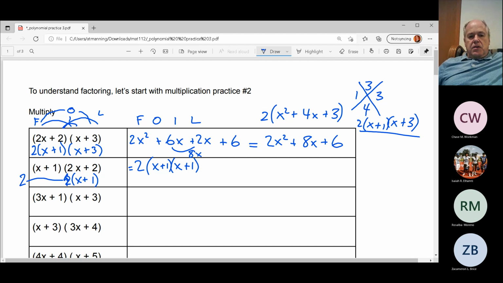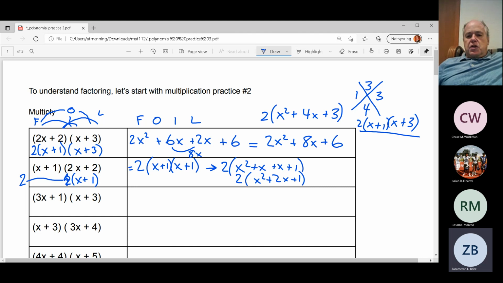And I see that I have 2 times x plus 1 times x plus 1. So I have 2 times, first x squared, plus inside plus x, plus outside, plus, that is equal to 2 times x squared plus 2x plus 1.